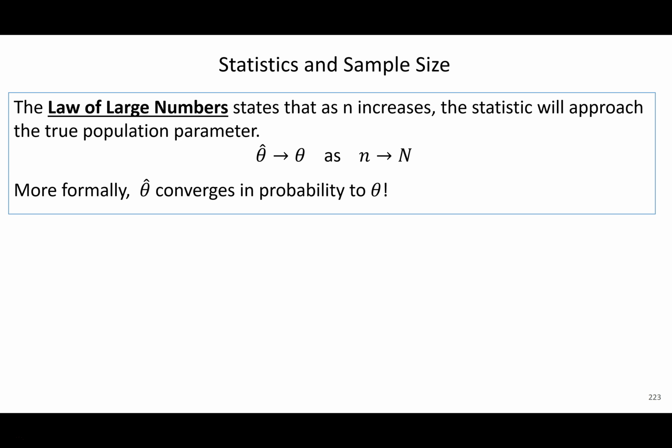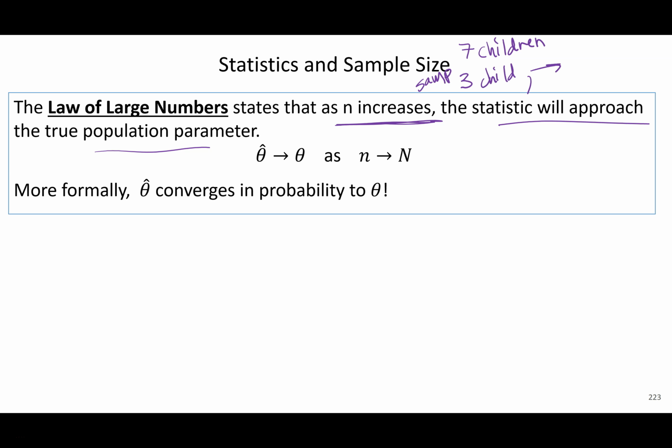So we have this really fun property that we like to use, the law of large numbers. It's saying as our sample size gets bigger, the statistic is going to get closer and closer to that true population parameter. So one way to even think about it, you had 7 children. We sampled 3 children and took the average.